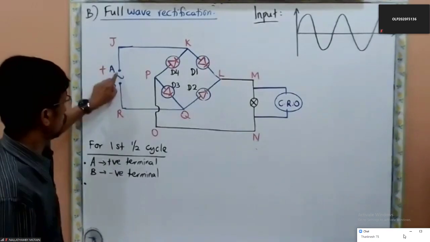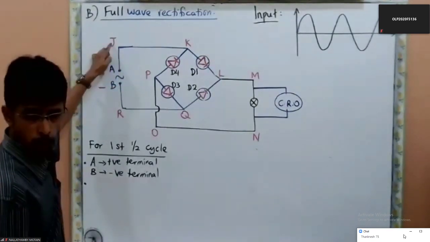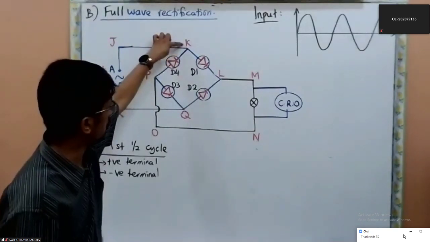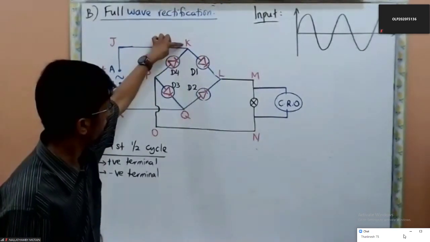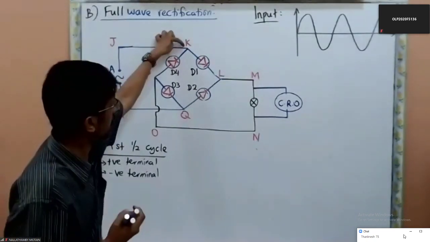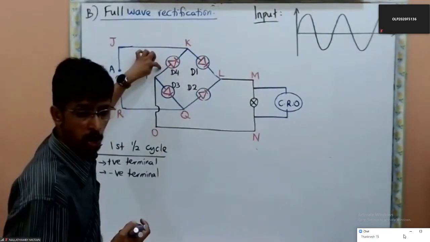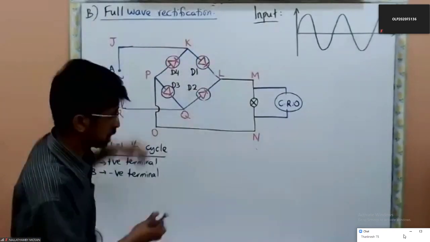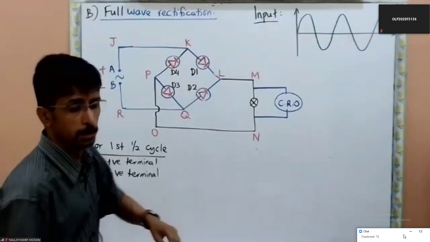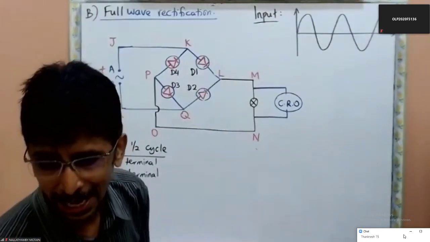Okay. So current flows from J to K, through which diode is it? D4 or D1? Can the current flow through D4? This way it cannot. Whose name is L?